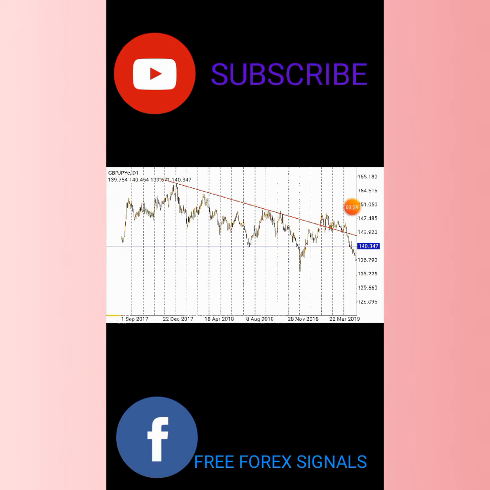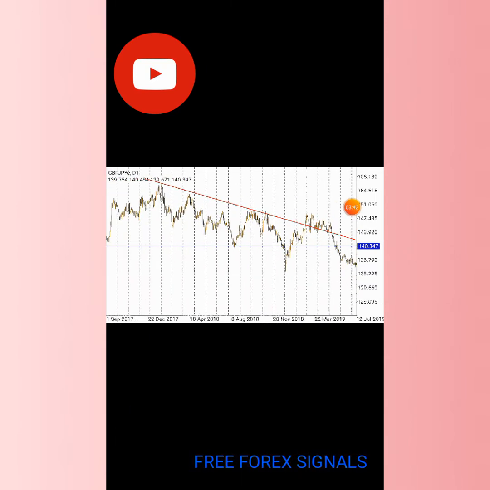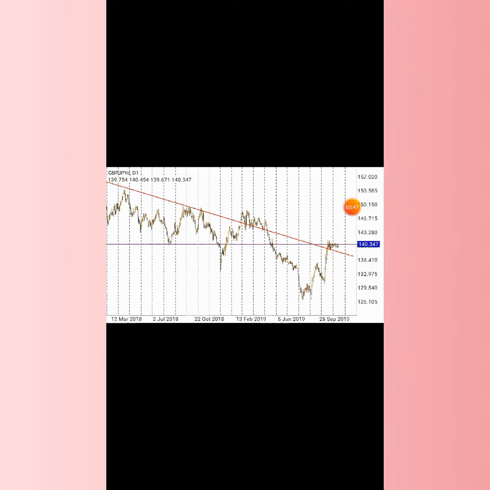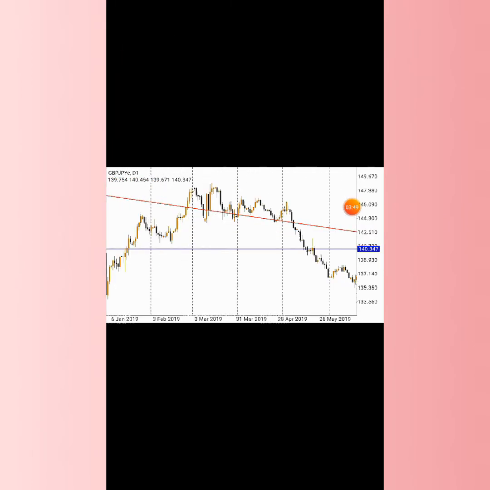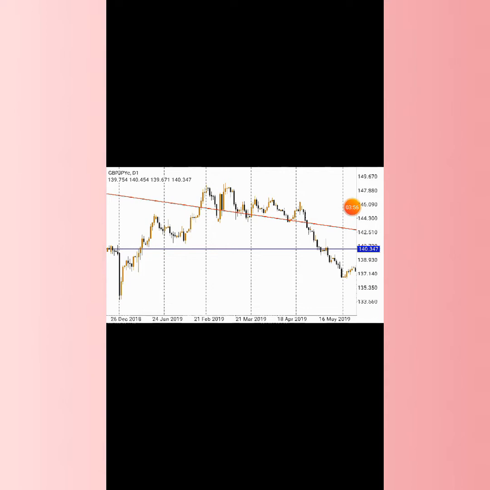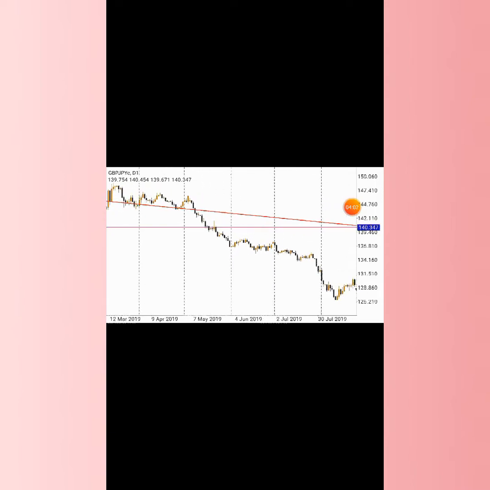Okay, so we see that whenever it reached this resistance line, this trend line, it fell down. It's only somewhere around here that it made a breakout and began to take some range till sometime 18 April 2019.